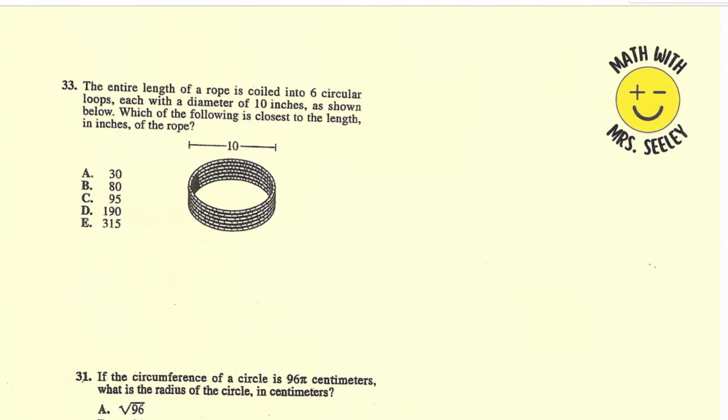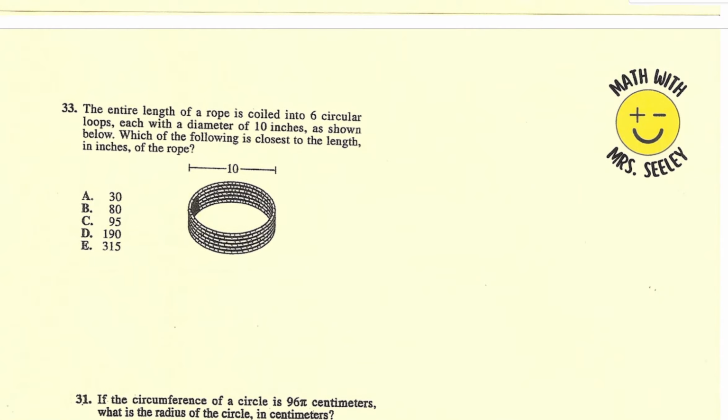Okay, number 33. The entire length of a rope is coiled into 6 circular loops, each with a diameter of 10, as shown below. What is the closest length in inches of the rope? So basically we need to see that there's one coil, which is one time around, one pizza crust.